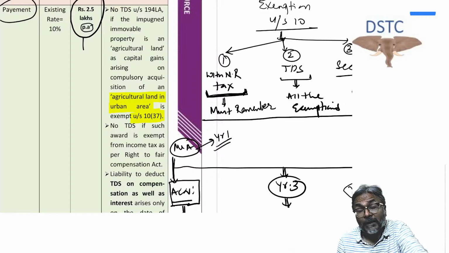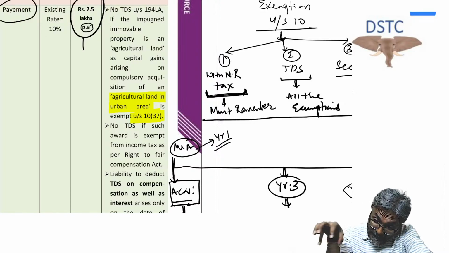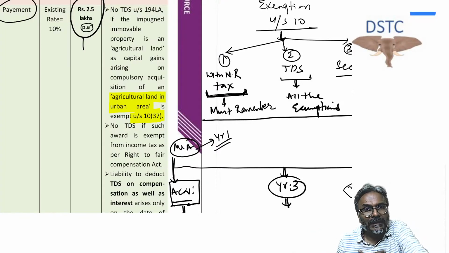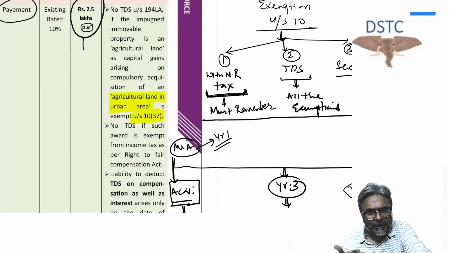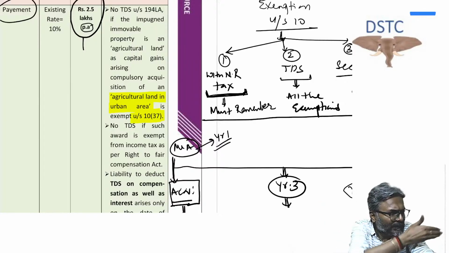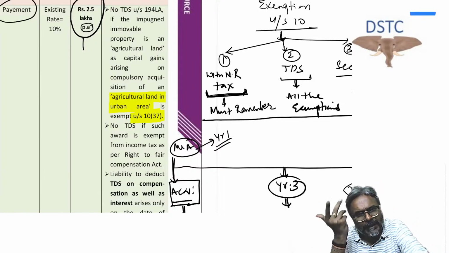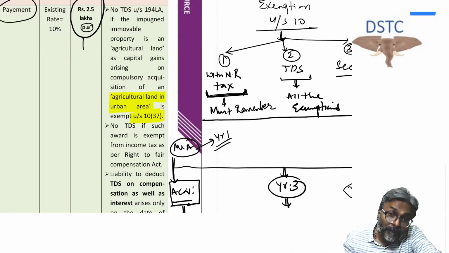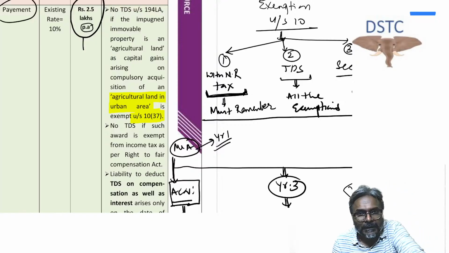Now that poor fellow would be thinking that this was earlier a rural agricultural land, which his forefather had purchased. And suddenly, because people started residing in these areas, it became urban, and now the government is compulsorily acquiring this property.